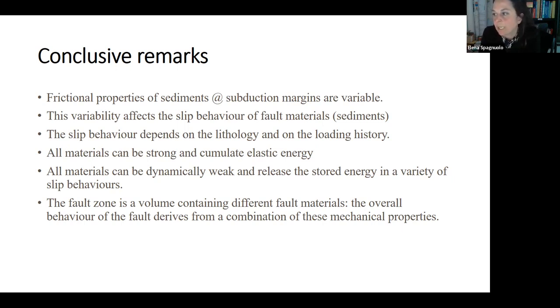All materials can be dynamically weak and release the stored energy in a variety of slip behaviors. And the fault zone is a volume. We should consider that the fault zone is always a volume containing different fault materials, and the overall behavior of the fault derives from a combination of all these mechanical properties with the surroundings. So these are my concluding remarks. I leave you with this slide.